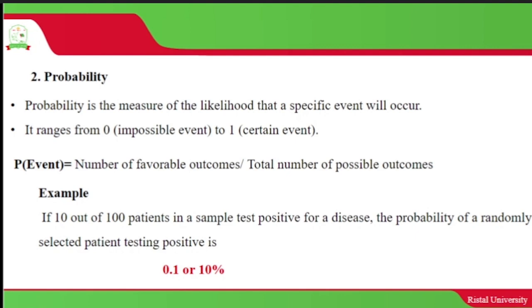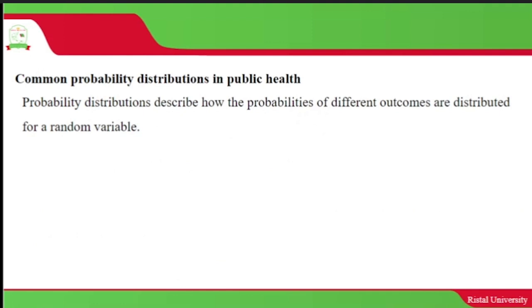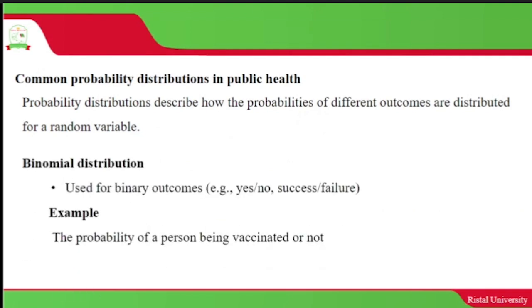So let's look at some common probability distributions in public health. Probability distributions describe how the probabilities of different outcomes are distributed for a given variable. So we have the binomial distribution, which is used for binary outcomes, the yes, no, success, failure variables.